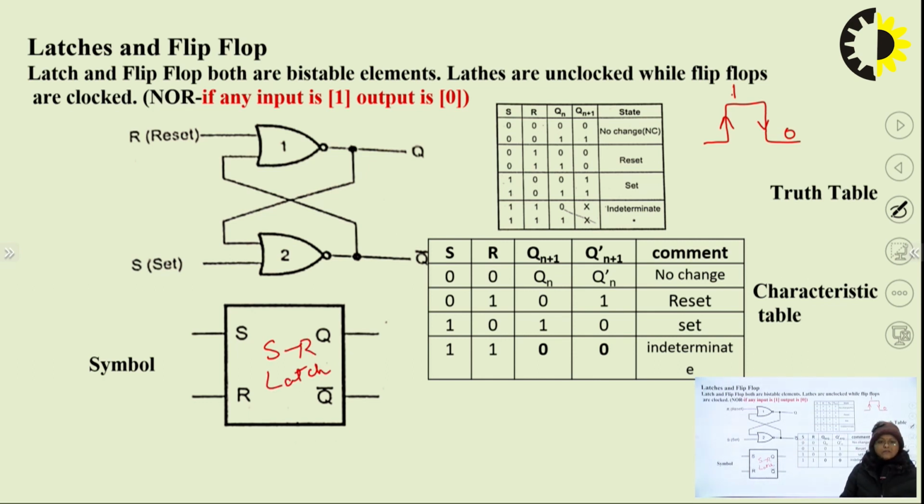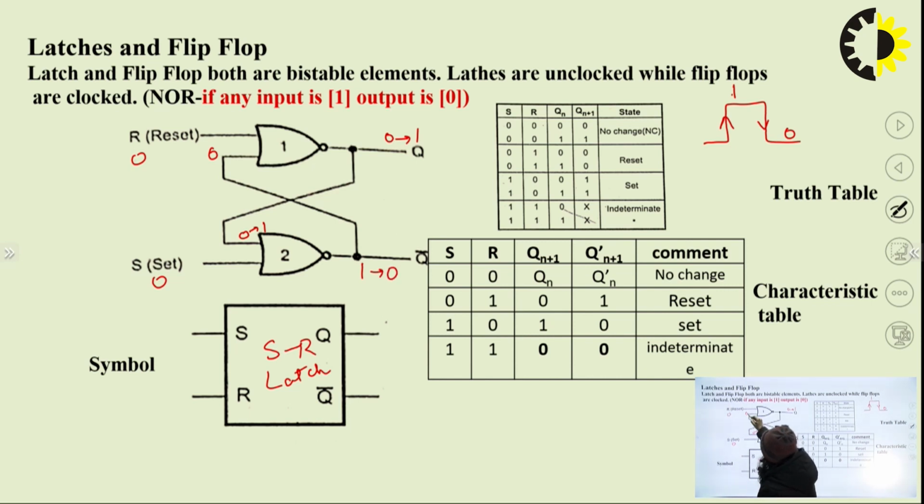Now, if we start with the working of the SR latch, we set the two inputs to 0, 0, and the previous state is 0. It comes to the feedback circuit, that is 0, and 0 plus 0 through the NOR gate gives output 1. Then this 1 goes to the feedback path, and the output becomes 0.